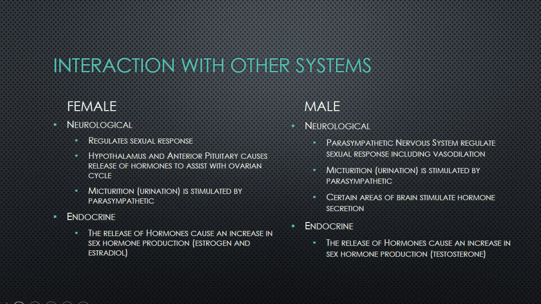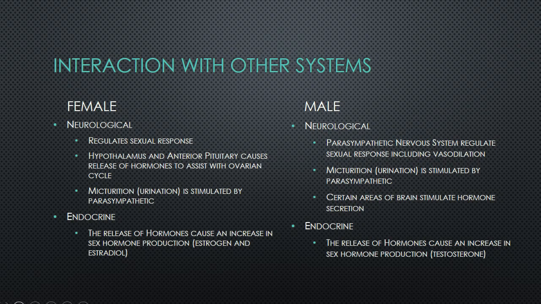So with neurologic, in the female, it helps to regulate the sexual response. So that's why intercourse is much more brain-related for the female than it is for the male. Their hypothalamus and anterior pituitary will cause a release of hormones, or it stimulates the hormones to be released, which will assist with the ovarian cycle.